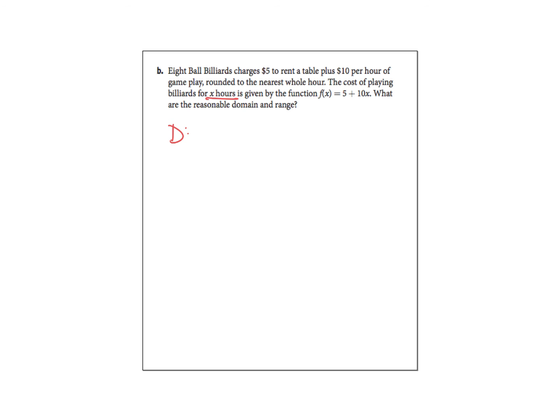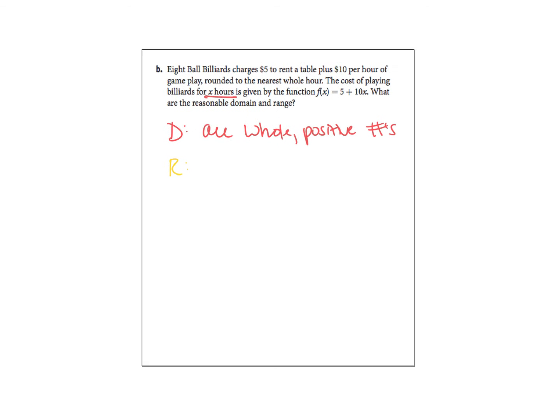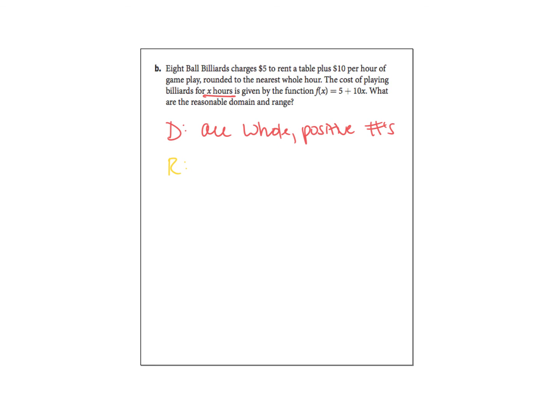Just like in the previous problem, when we were looking at the possible people, we can have 0 and up, but they have to be whole positive numbers. So again, our domain here is all whole positive numbers. So now, looking at our range, we have to think about what is our initial amount that we make. That's the $5 right there. So we're going to start with $5.